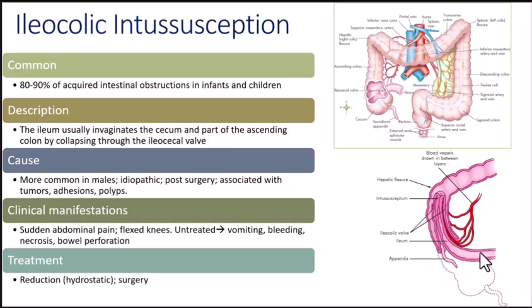And so what's happening with this condition is the ileum, which is the last most distal part of the small intestine, invaginates both itself and the cecum into the ascending colon. So if we look here, it would be this part invaginates through that ileocecal valve and the cecum as well. They both invaginate up into the ascending colon.